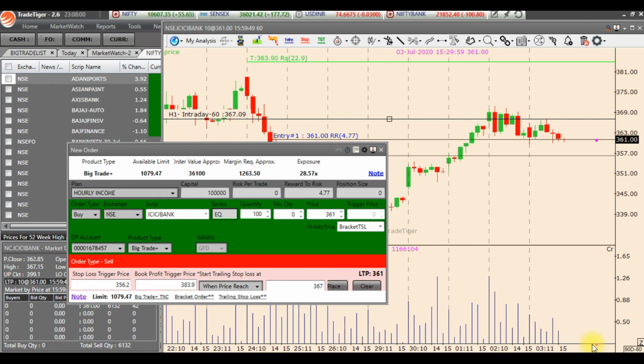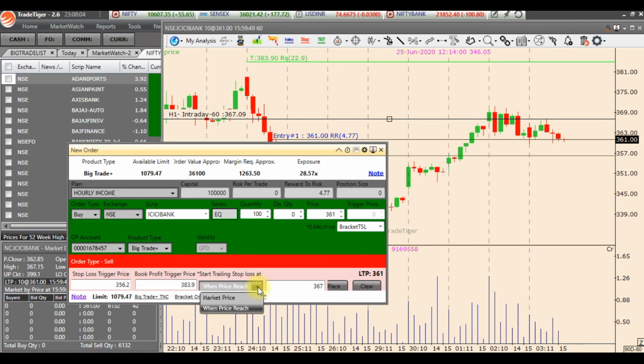In bracket TSL, there is one feature you can see here. You just go and select the market price. So automatically, the moment the market price moves, the stop loss will also be trailed. But you can give one more condition, that is when the market reaches a certain level.